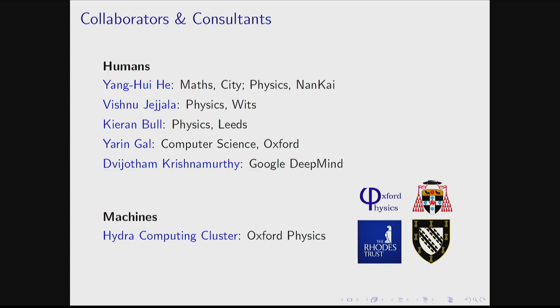Vishnu Jejjala and Yang-Hui He are familiar. Yarin Gal is a new computer science professor in Oxford, and he's interested in applying machine learning to various different fields. And there's also DJ Krishnamurthy from DeepMind, who is interested in more formal aspects of machine learning. And the work I'm presenting here was done using the Hydra computer cluster.